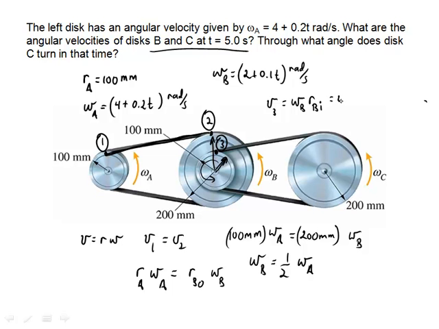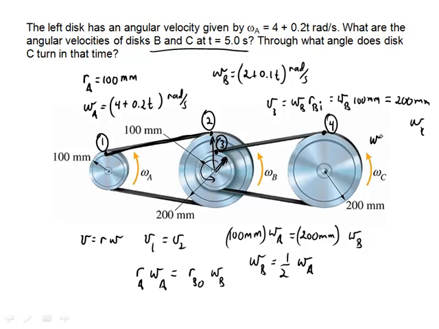Well, that's going to equal omega B times 100 millimeters. But that has to equal the velocity of this point, call it point 4, because they're on the same belt. The belt doesn't slip, the belt doesn't stretch, they must be the same. So that's going to equal 200 millimeters times omega of C.